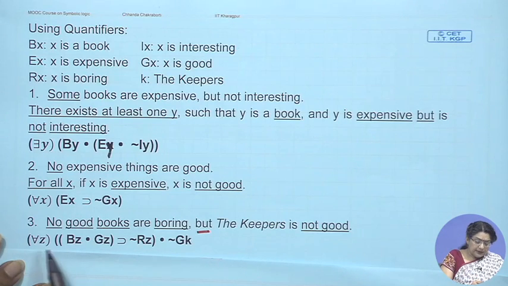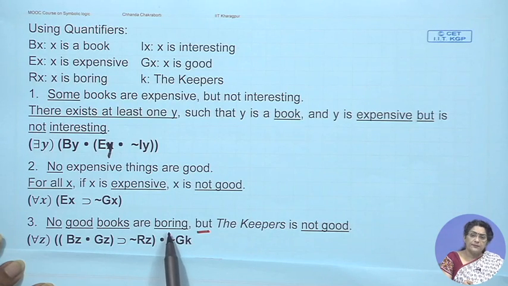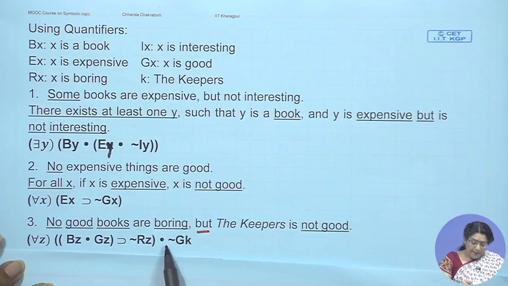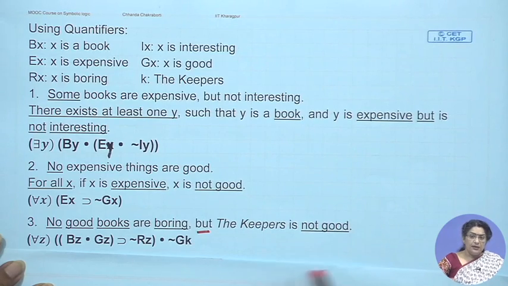For all x, if z is a book, this is a z. So, for all z, if z is a book and z is good, then z is not boring. Get it? Rx, that is for x is boring. But the keepers, that is a constant, that is a name of a book. So, the keepers is not good. Do you see that? So, what you have here is the capturing the whole thing.